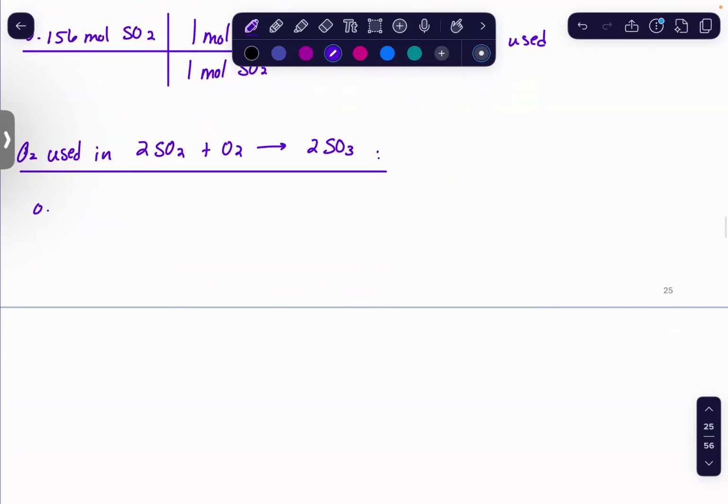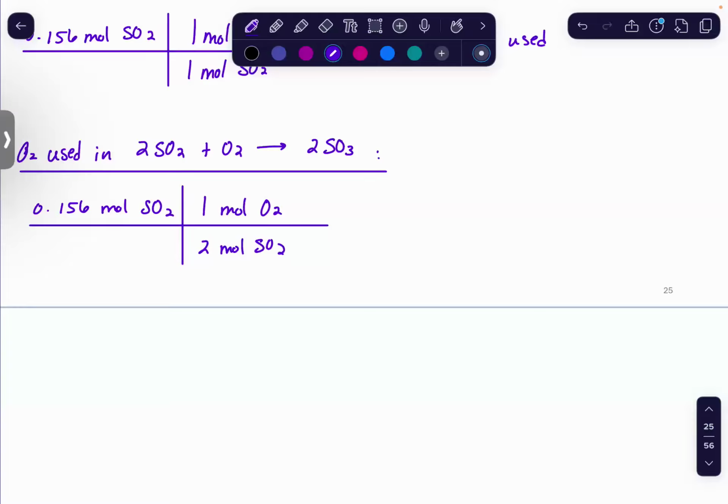So 0.156 moles sulfur dioxide is now going to be used. And so 2 moles SO2 is going to react with 1 mole of O2, and this is going to give us 0.078 moles of O2 used in the second step.